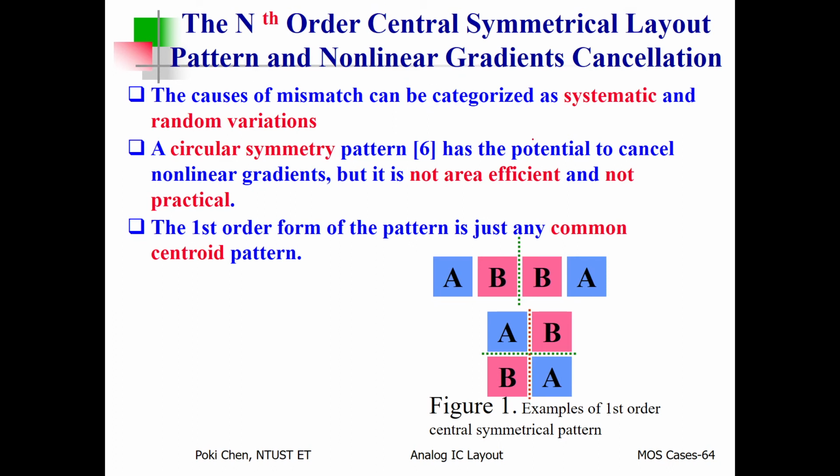So for two devices, we call it A and B from the beginning. That is the simplest layout. It violates the common centroid requirement, right? How can you help it to fit the common centroid requirement? Very simple. You can flip it, I mean horizontally or vertically, okay?